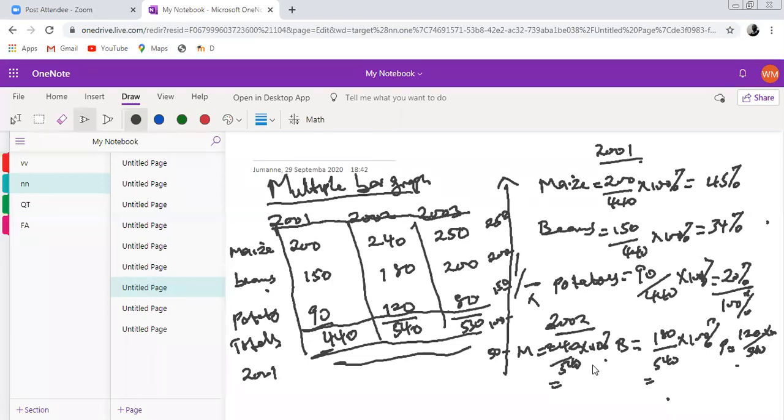44%. For maize, it is 44%. The other one? 14%. 33%. I don't know why you are breaking.